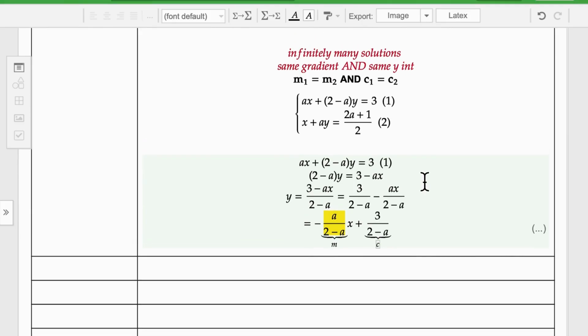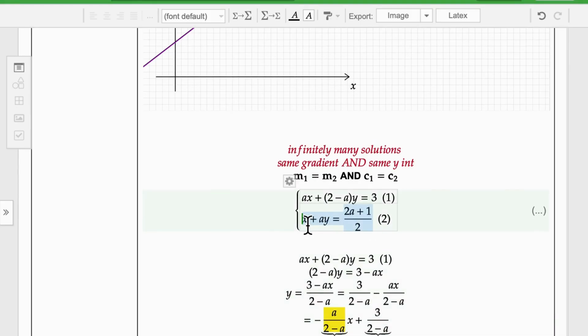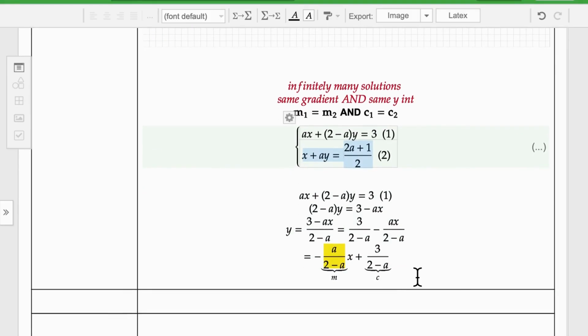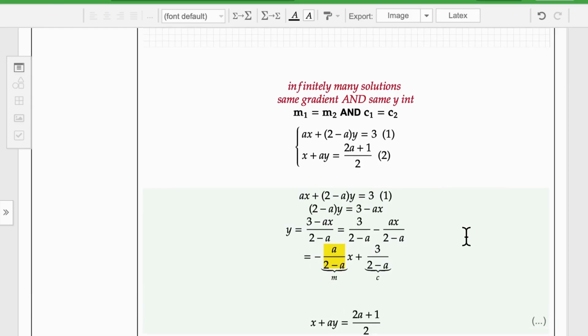In the same way, we can also turn the second equation into that form. So for the second equation, we can turn this one into the form of y equal to m2 x plus c2.